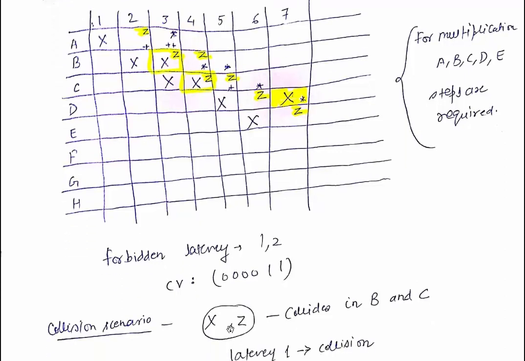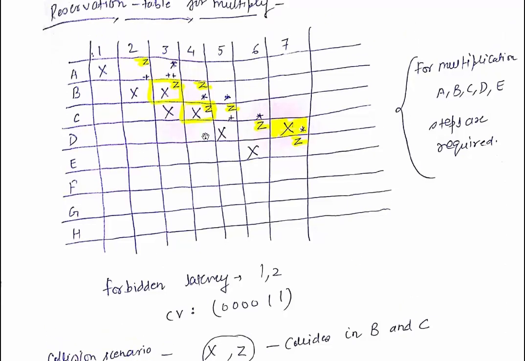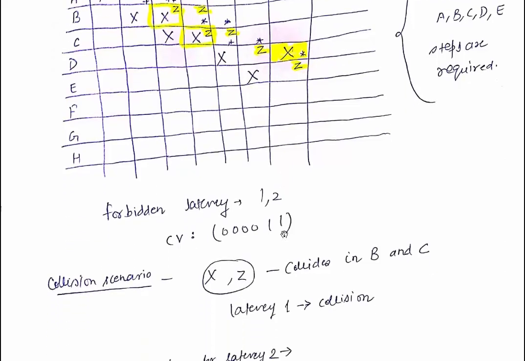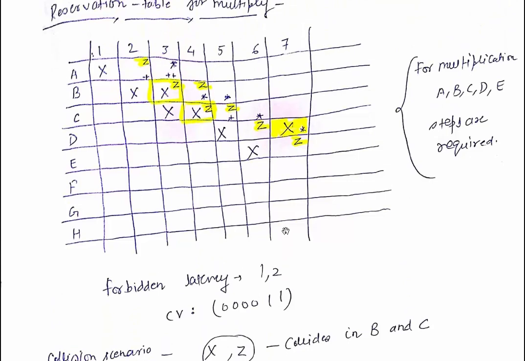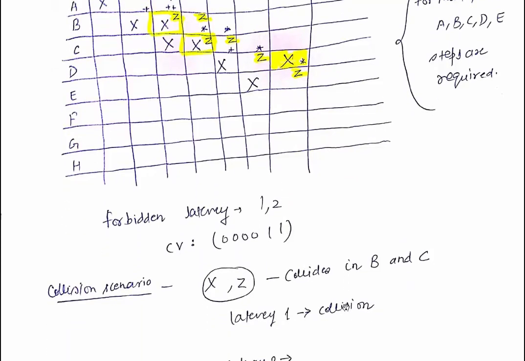So x and z collide in B and C, because when I give input to x and it goes to the next clock cycle, x is already there, so it will collide. So if we take latency 1, it will result in collision.